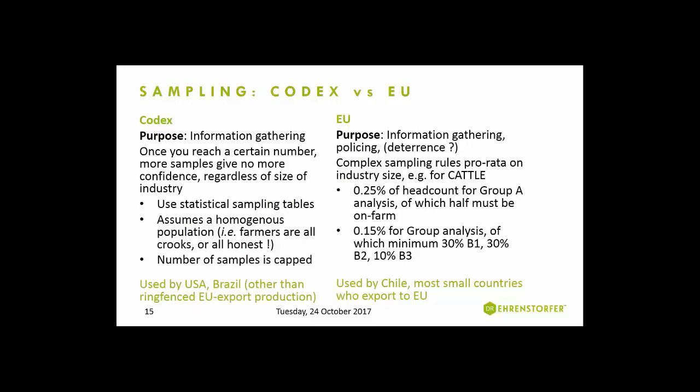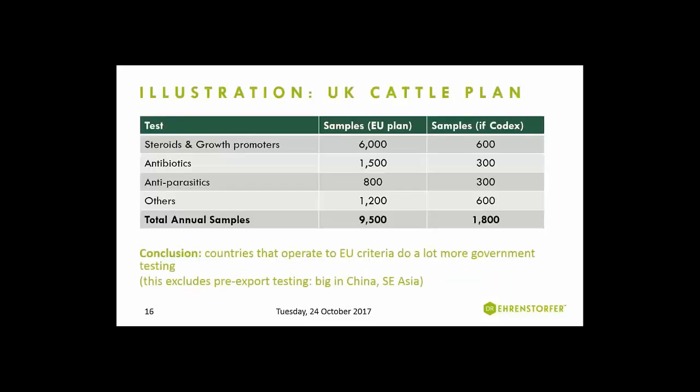Any country that exports to the EU must operate an EU-style scheme, at least for their ring-fenced export production. In actual fact, many smaller industries, and some larger ones, such as Chile's pork and poultry industry, choose to operate an EU-style scheme across their whole national industry for the sake of simplicity.